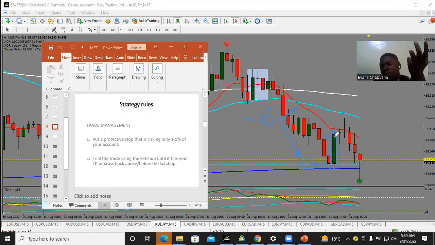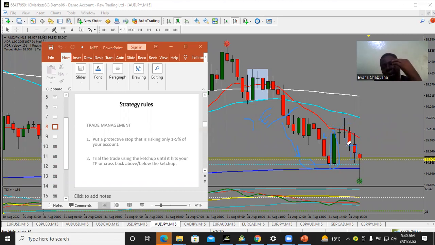You see how this bullish candle went up, but it never closed above the 13 moving average. The second candle again was just dancing. They just pierced through the 13, but they never closed above the 13 there.